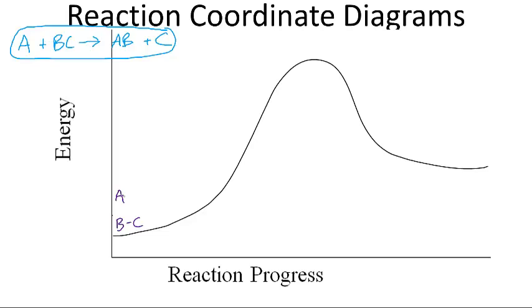So when I get to the transition state, I'm going to have this thing where A is somewhat bonded to B and B is still somewhat bonded to C. And maybe as we're climbing this hill, A is getting closer, but it's still farther apart.